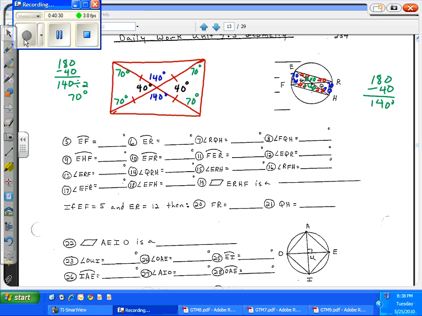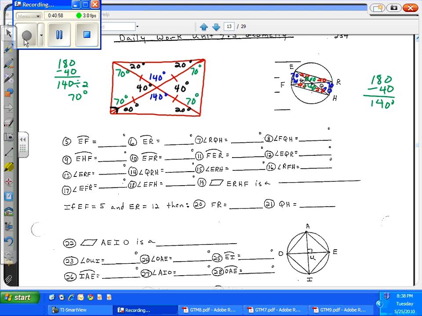Each angle of the rectangle was 90. So 90 minus 70 would leave 20 for this little angle, and 20 for this little angle, and 20 for this little angle, and 20 for this little angle. That all came from the properties of a rectangle. And again, we knew it was a rectangle because the diagonals are equal and bisect each other.